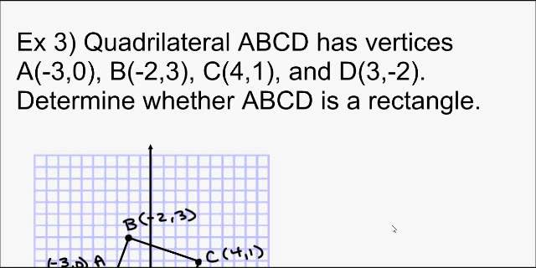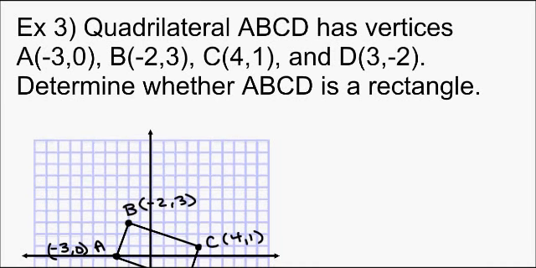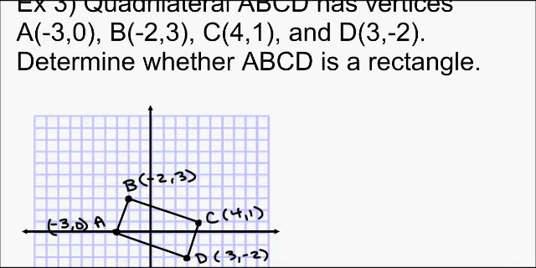Example 3. Quadrilateral ABCD has vertices A(-3, 0), B(-2, 3), C(4, 1), and D(3, -2). Determine whether ABCD is a rectangle. So we're going to do this two ways. This is a coordinate proof.